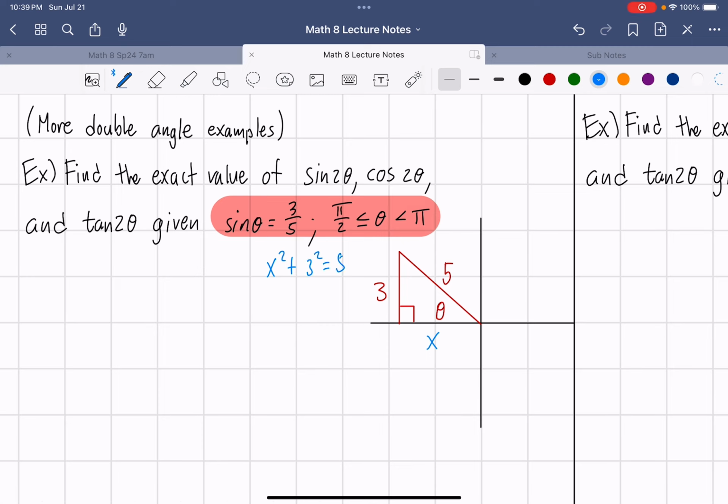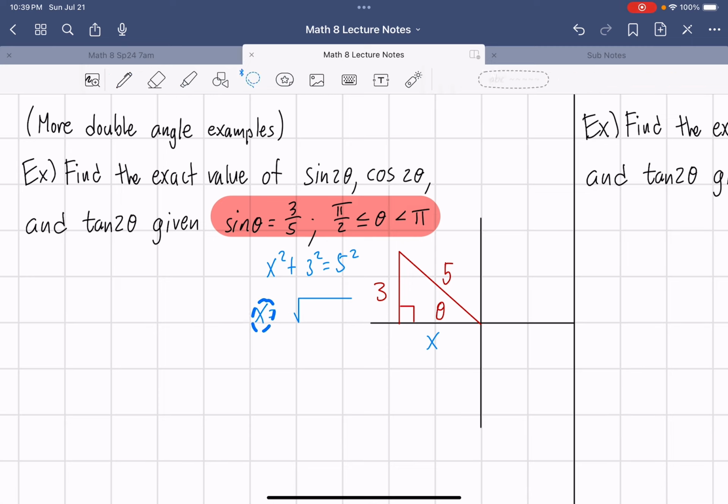Equals 5 squared, which will give us x equals, and then we're going to do the square root property, right? And it's plus or minus every time you do the square root property.